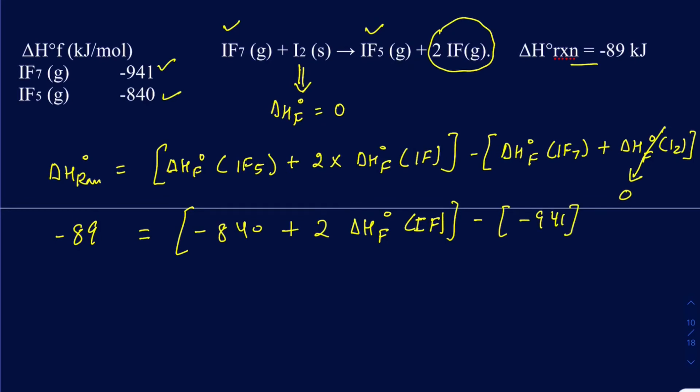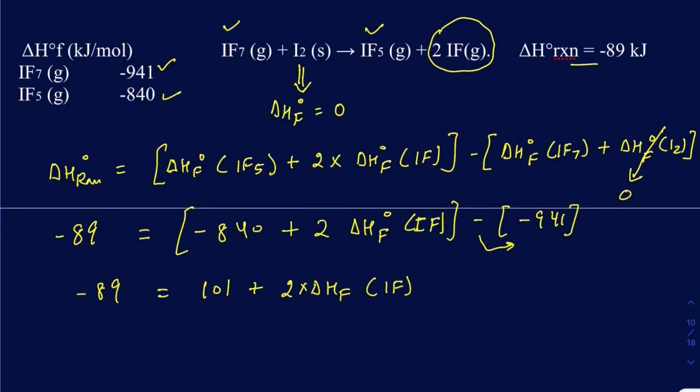And then after that, all you really have to do is simple math here, so minus 89 here. So add up your 840 and 941, or actually subtract this, because when you do this, this minus goes inside and it becomes plus. So it's going to be 941 minus 840, so it's going to be 101. So it's going to be 101 plus 2 times the delta H formation for the IF.